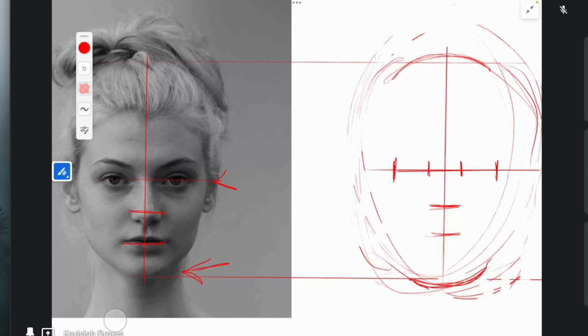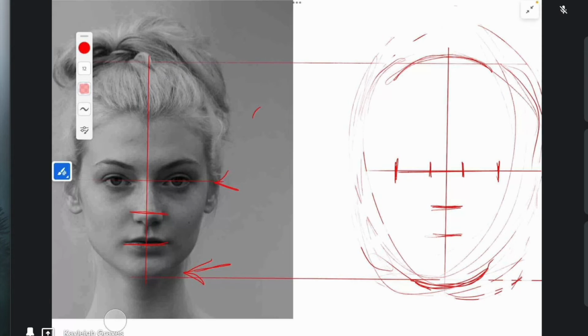So generally, when people try to draw eyes, they try to draw this shape. These are basic shapes, but it's not quite right. So instead, I like to trace over pictures to train my brain how to do this.